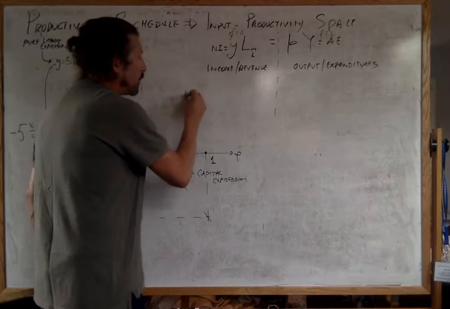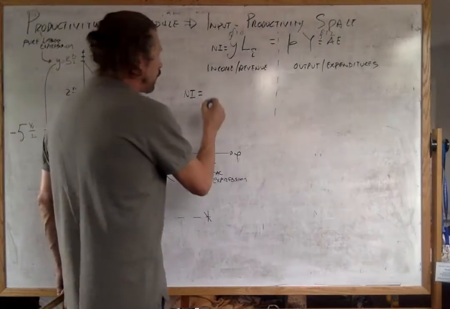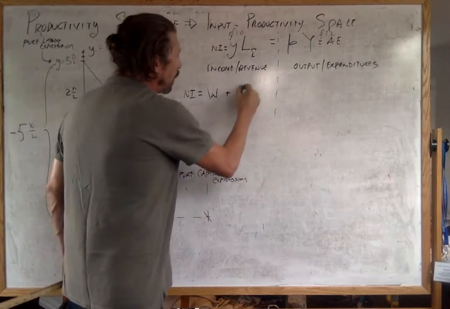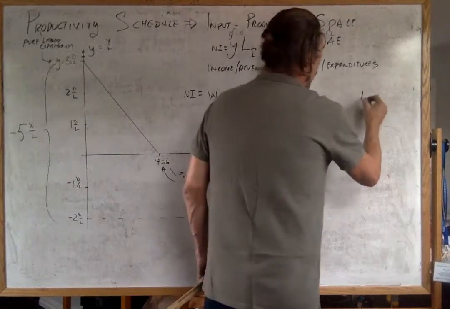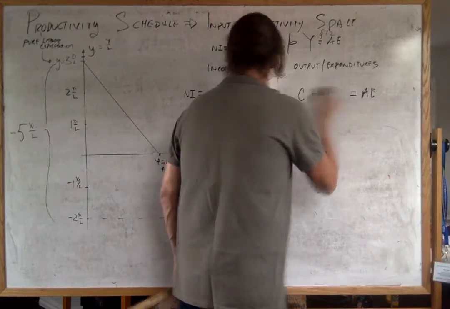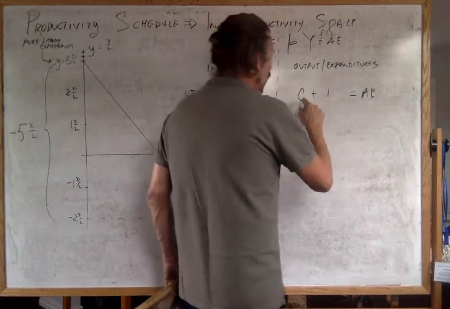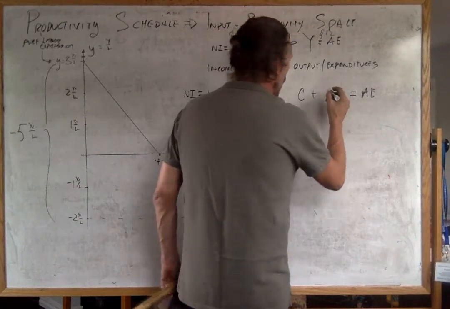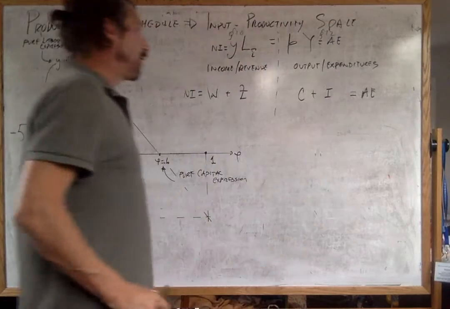So national income is going to be equal to your wage revenue plus your profit revenue. Aggregate expenditure is going to be equal to your consumption expenditure and your investment expenditure.